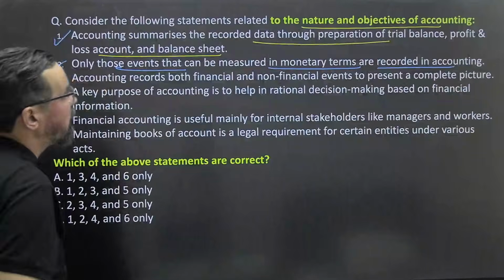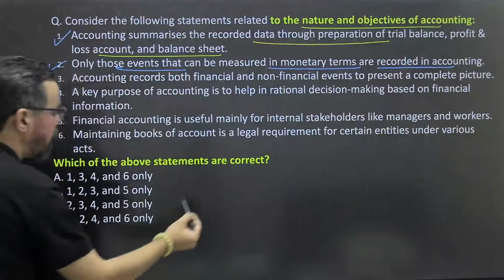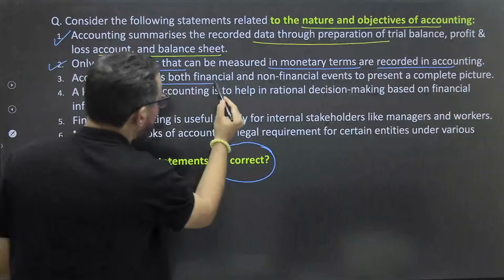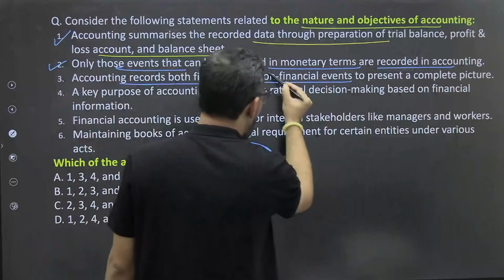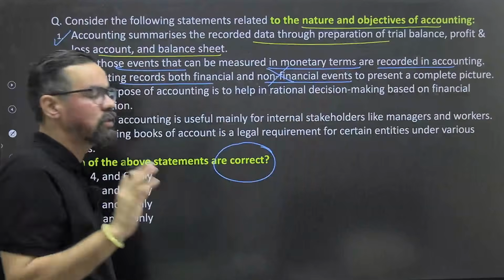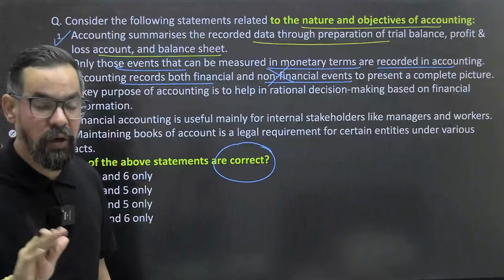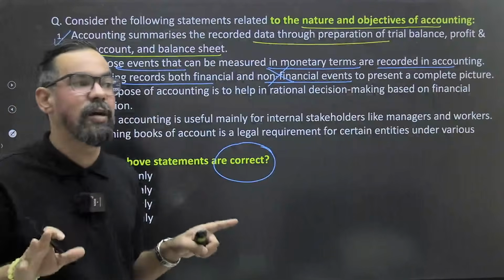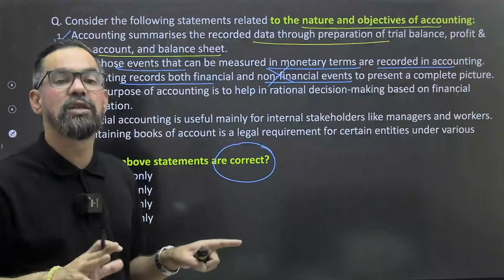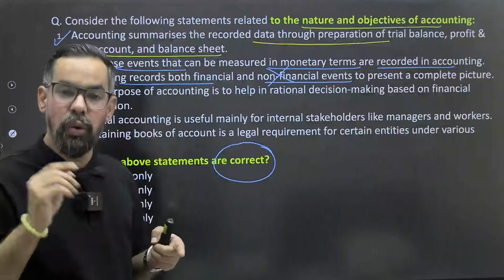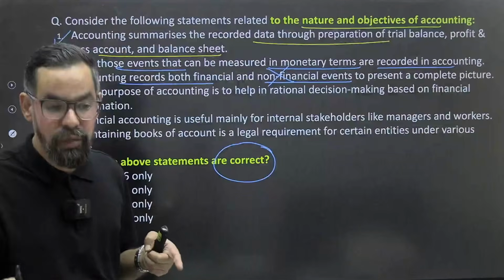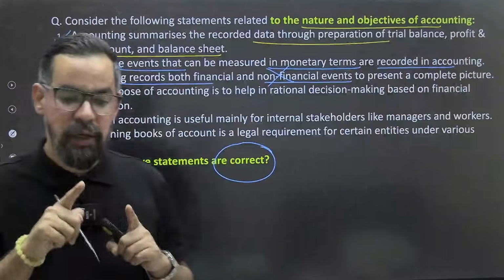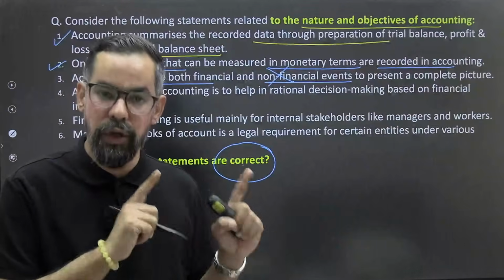We have to find out the correct statements. Accounting records both financial and non-financial events. No. There is one concept called the money measurement concept, which is part of your Unit 2. It is all about recording only things which can be measured in money or which have a material effect. So anything which can be measured in money will be part of your books or accounts.